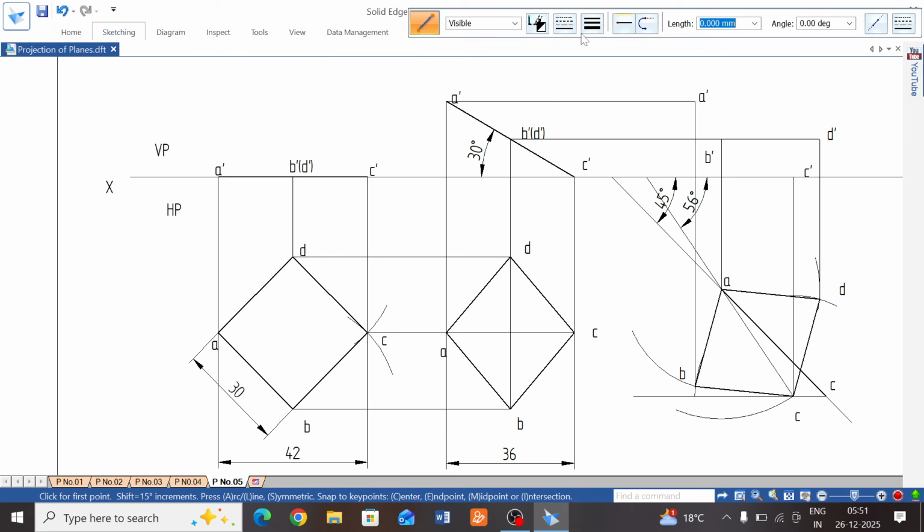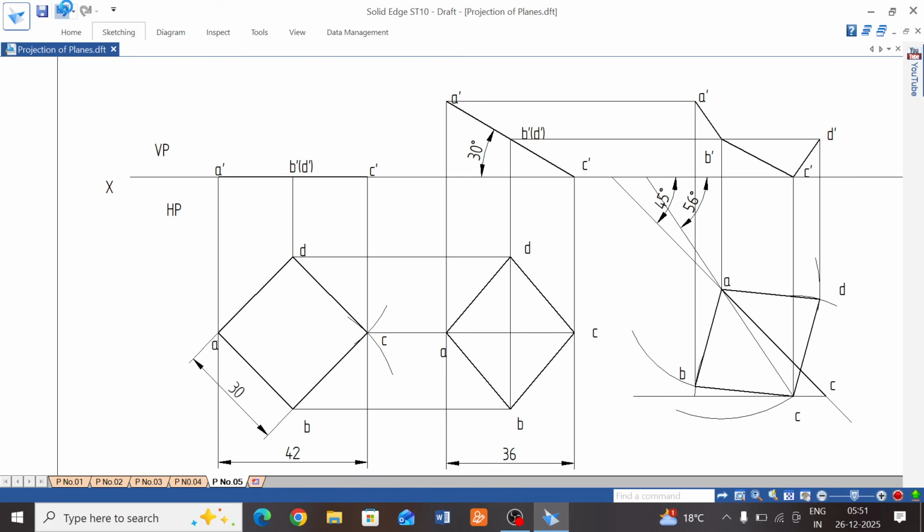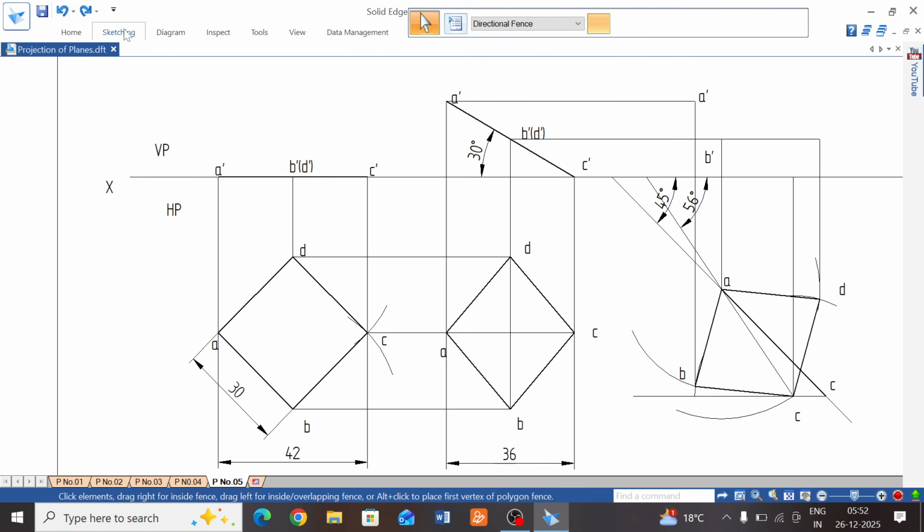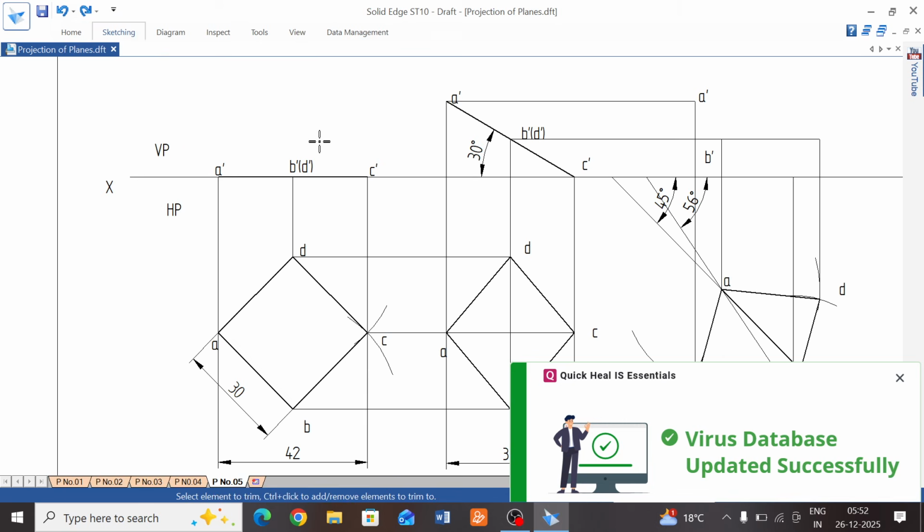Last step, front view. Go with A to B to C, then D. Okay, the point is A, B is here. A is in apex point, B is here, small error also, you won't get neatly, be careful.